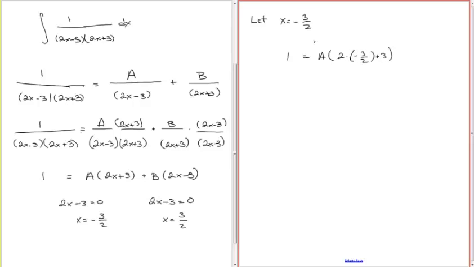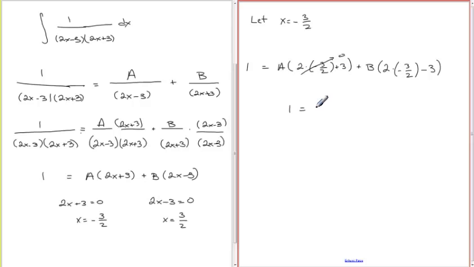That's the first term, and then we do the same thing to the second term. So we have plus b times (2 times negative 3/2 minus 3). Well, the 2s cancel out, so you'll have just negative 3. Plus 3 is 0, so this goes to 0.